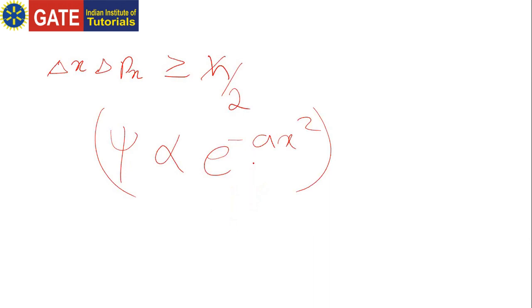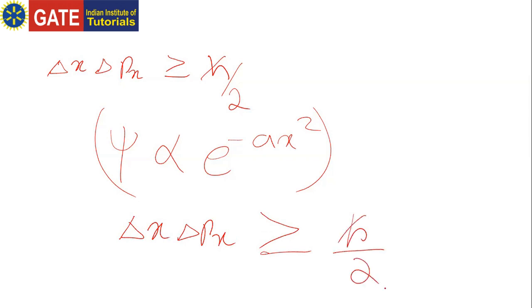In your examination, if you get a Gaussian wave function and they ask you to find delta x into delta px, there is no need to calculate. Directly you can write that for a Gaussian wave function, delta x into delta px is greater than or equal to h cross by 2.